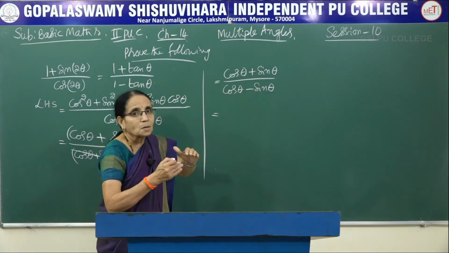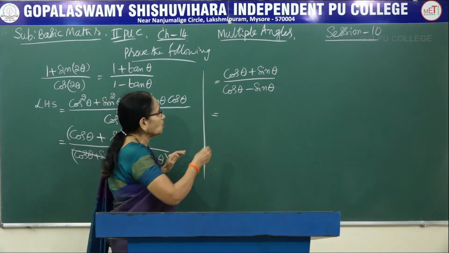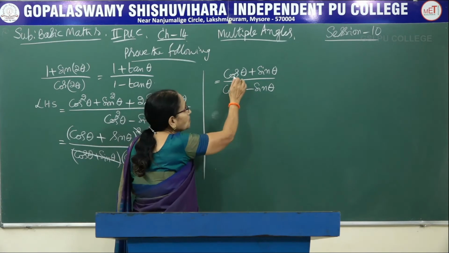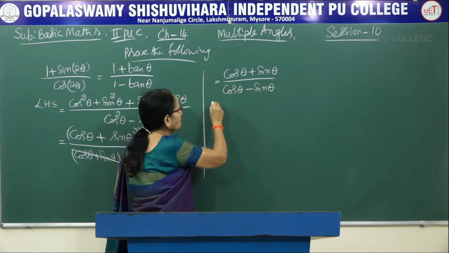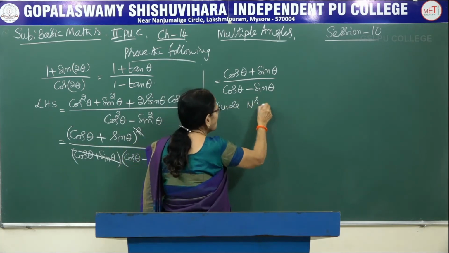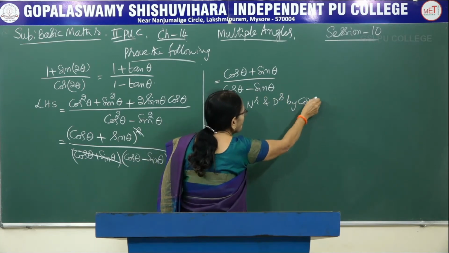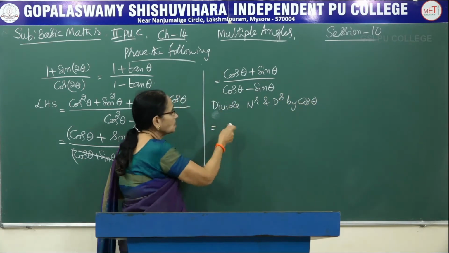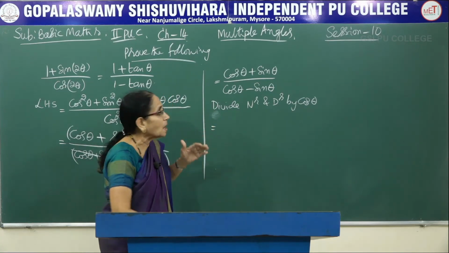Whatever manipulation we do should not change the value of the given expression. Therefore, what we have to do is divide the numerator as well as the denominator by cos theta. If you divide both numerator and denominator, the value remains unaltered.